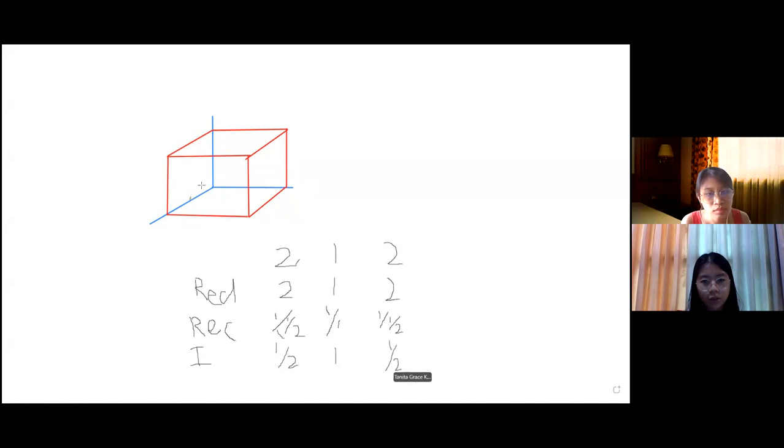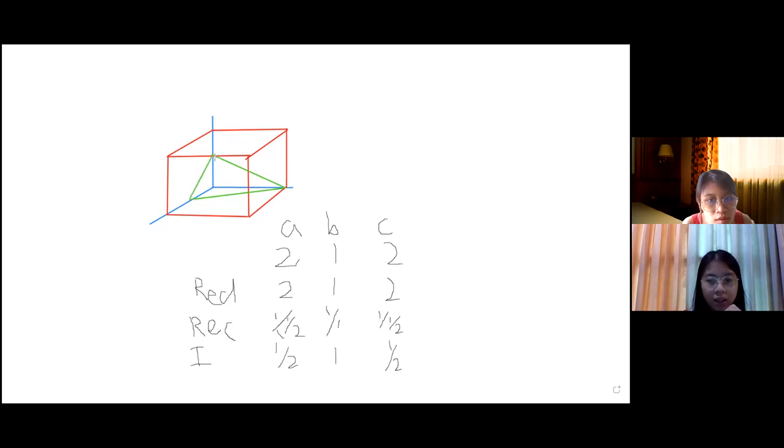A is for the x-axis, B is the y-axis, and C is the z-axis.